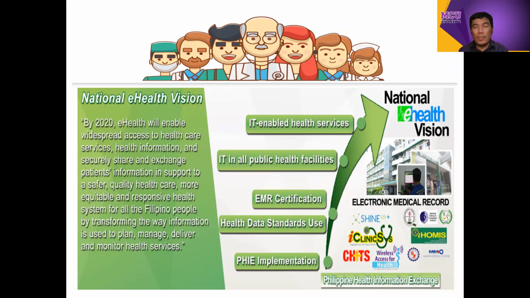If we try to compare this to our situation, di ba, in the Department of Health, during the start of the accreditation and recognition of diagnostic centers that can offer the RT-PCR test, they must be accredited and recognized by the DOH, because their purpose is to gather information, and it is a mandate for them to have an IT-capable and enabled facility, because of the real-time information that the Department of Health may need.